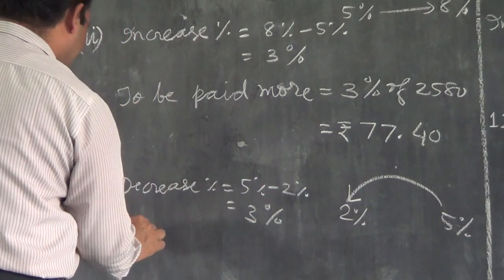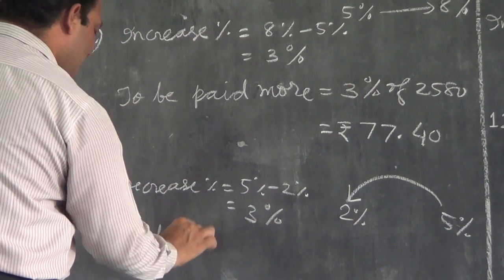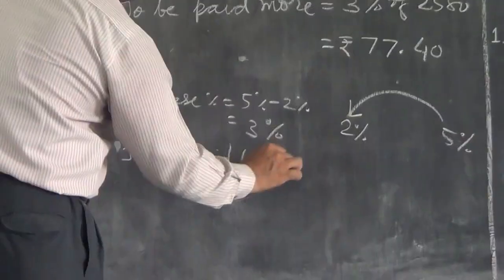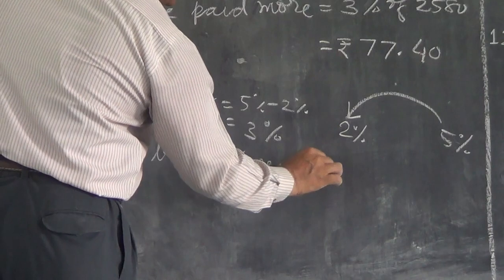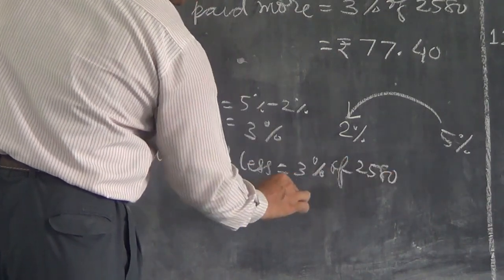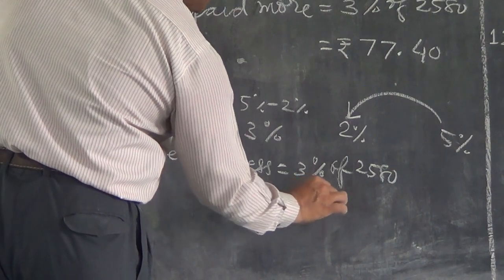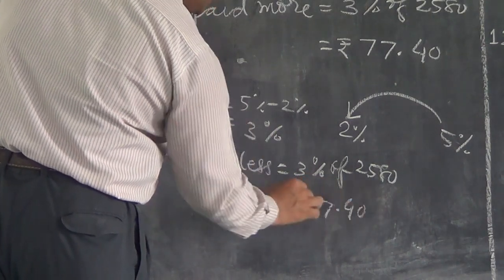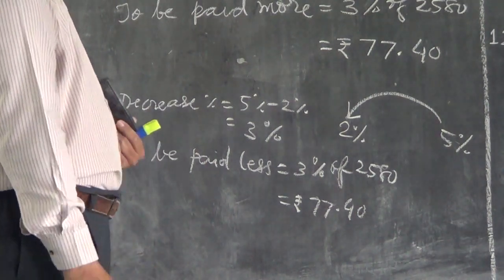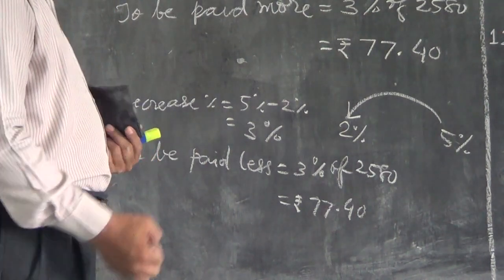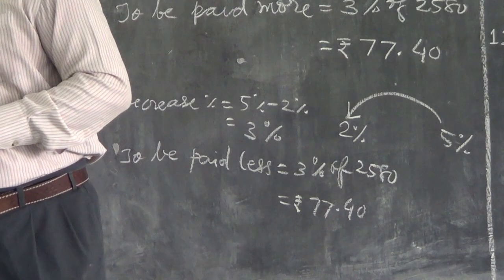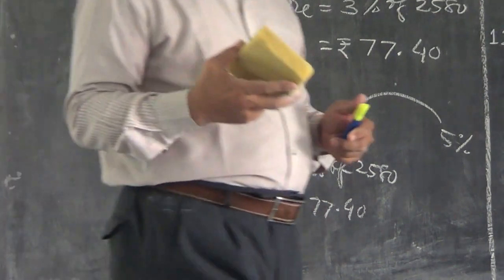So to be paid less equals 3% of 2580, that is again 77.40. To be paid less 77.40 rupees. So this is the solution for question number 12.